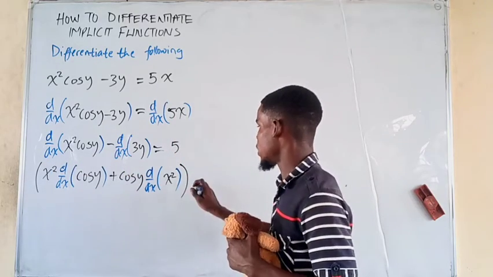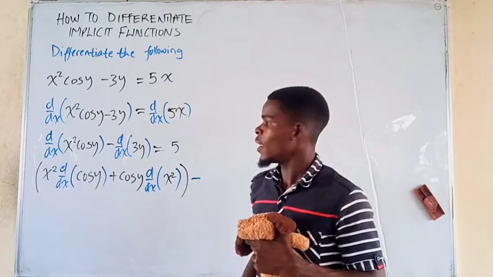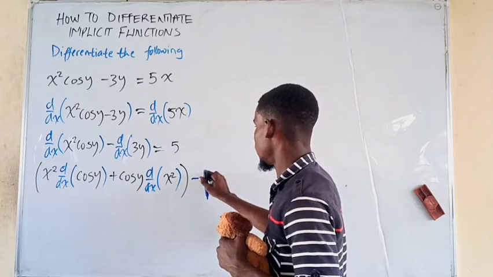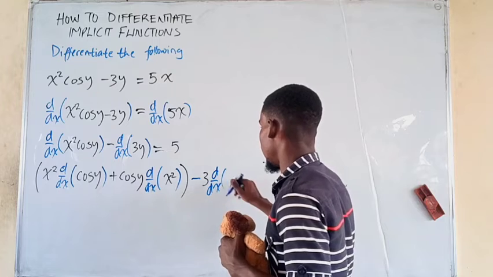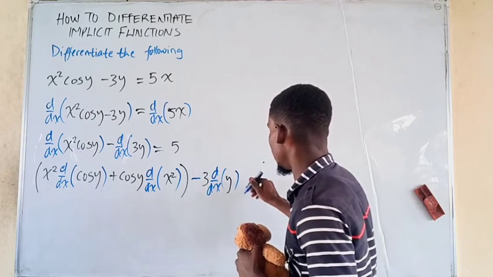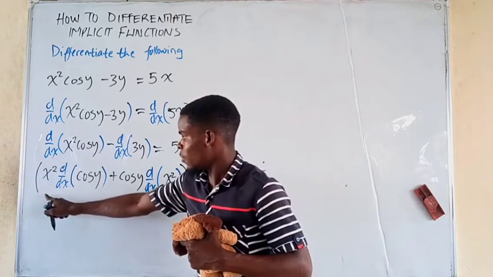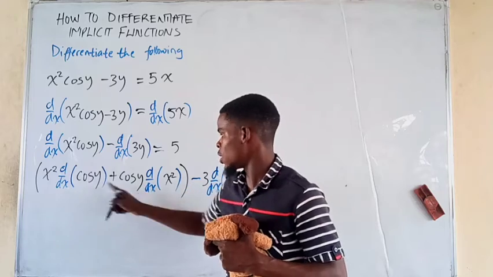Then here we have minus the derivative with respect to x of 3y. Since 3 is just a constant multiple, we can pull it out. That will become 3 times the derivative with respect to x of y. Good. And then we equate that to just 5. Okay, great. So after applying the product rule to the first one, we're going to have to differentiate each of these.